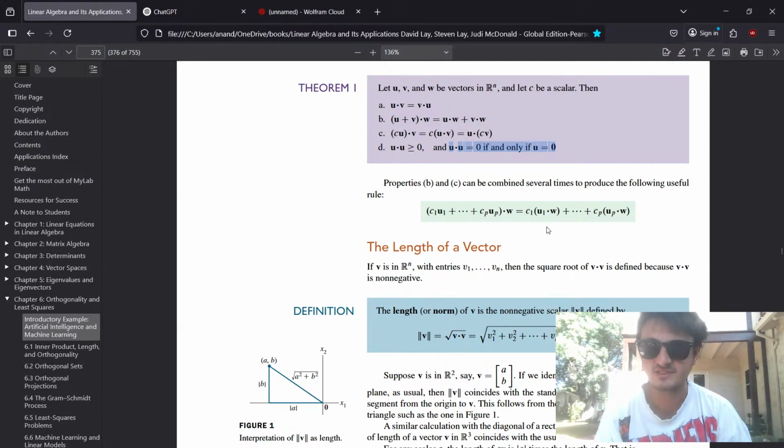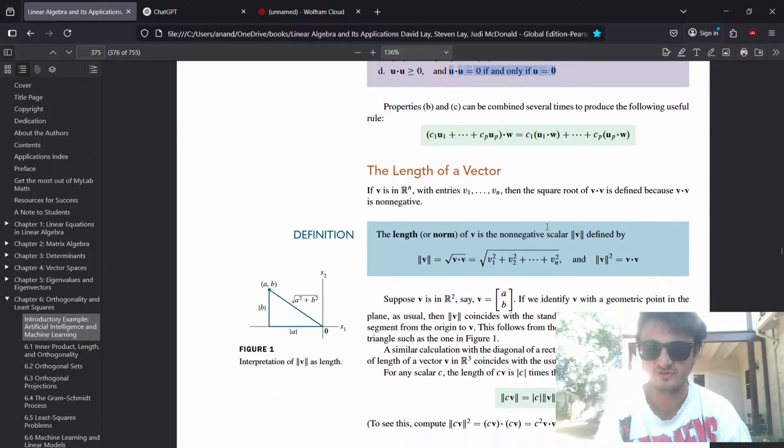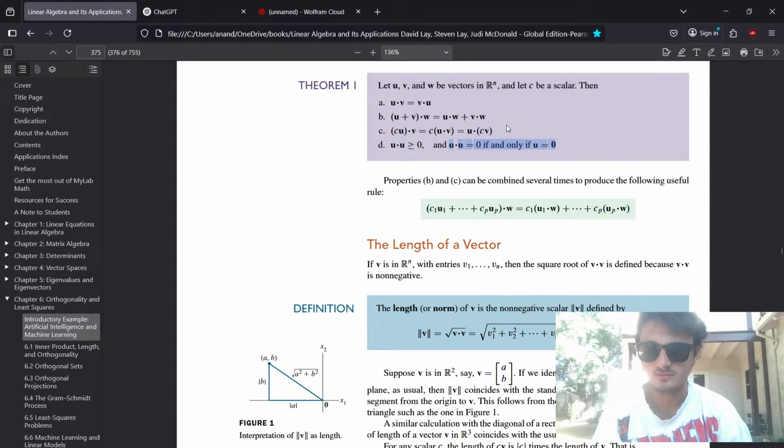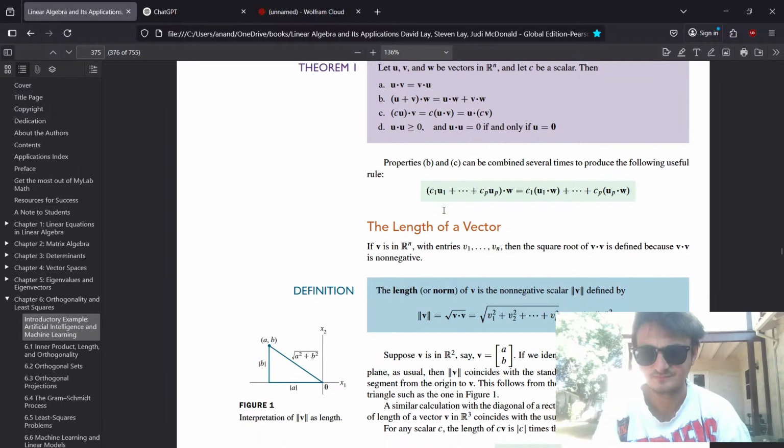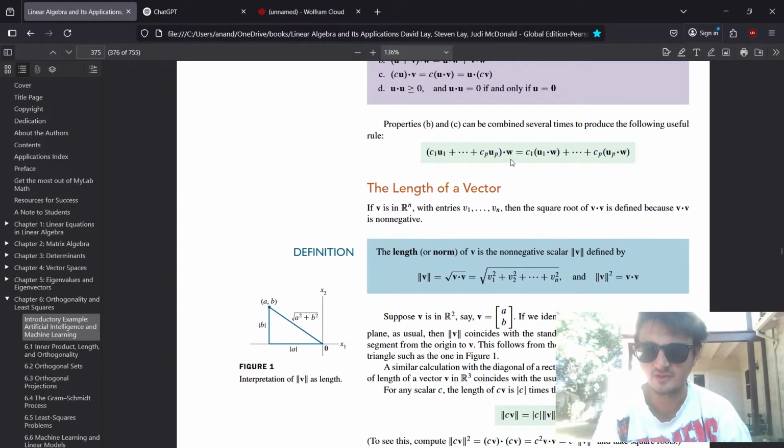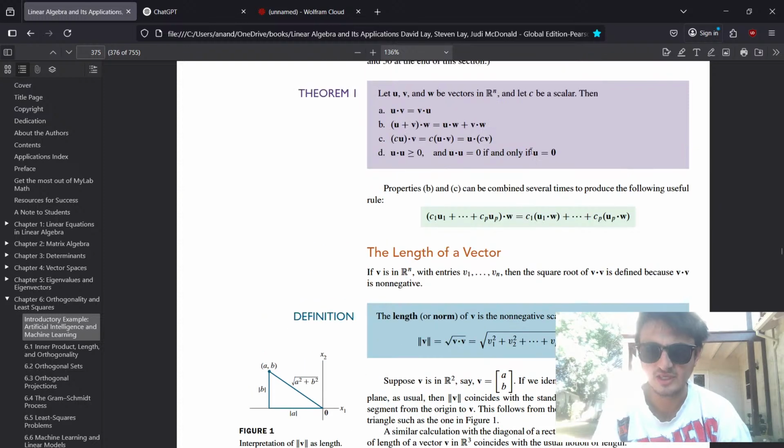Okay, properties B and C can be combined several times to produce the following rule. So you take a linear combination of some basis, and you can take out, you just apply this rule.